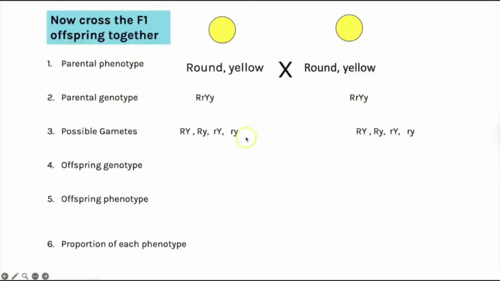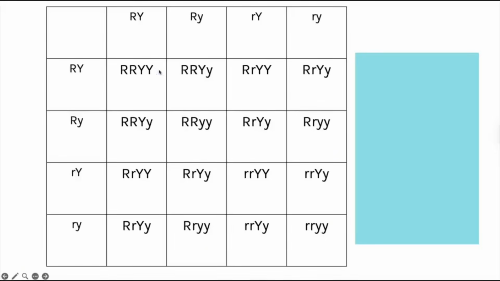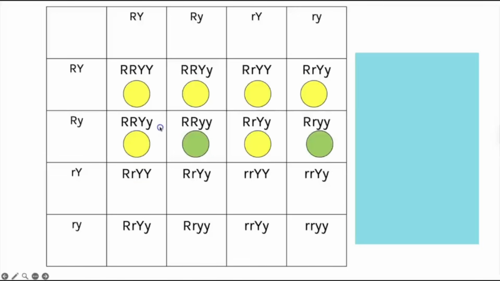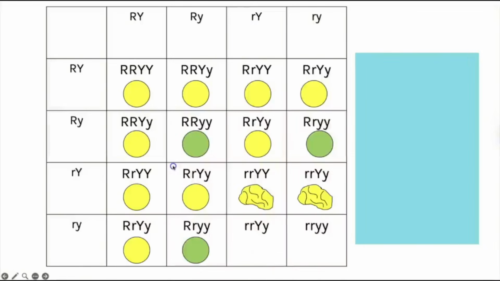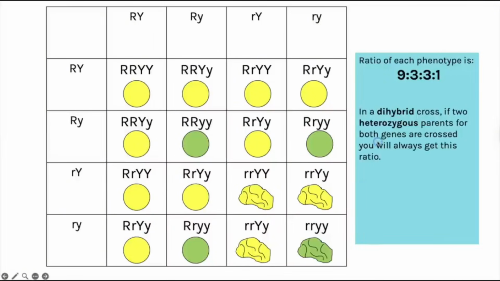So looking at all the possible combinations of getting just 1 of the R's and 1 of the Y's in every gamete. And this is then when you get that big Punnett square again, the 4 by 4 Punnett square. And if we combine all of those together and then add in all of the phenotypes to the corresponding genotype, we can see we get a 9:3:3:1 ratio.